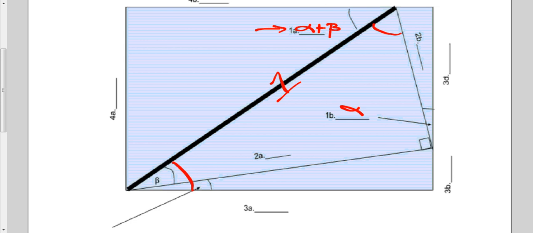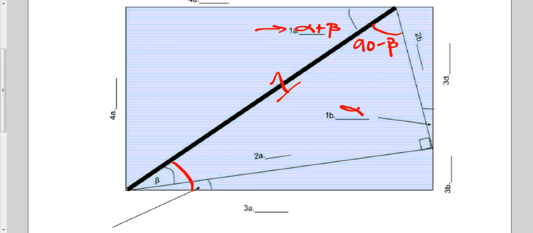What's the sum of the three angles in a triangle? 180, right? So, take away 90 from that 180. I got 90, right? Am I done taking away angles? I got to take away beta too, right? So this is 90 minus beta. Does everybody recognize how I got there?